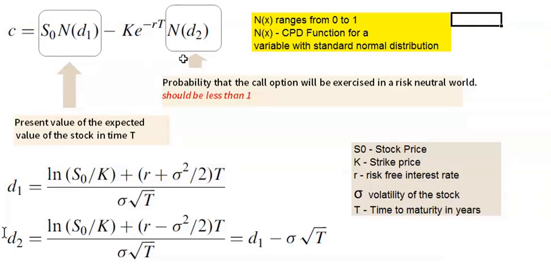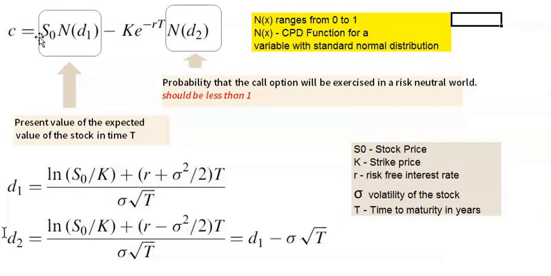Before we even go to this particular formula, I'm sure you remember the payoff of a call option is basically S0 minus K. The payoff of a call option is the difference between the underlying and the strike, and the option is only valuable if the underlying is greater than the strike.